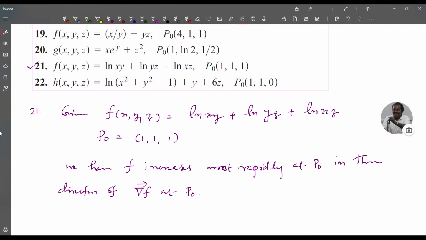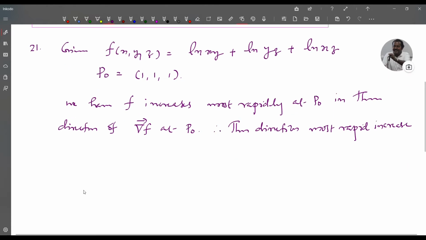Therefore, the direction of most rapid increase of f at p is u is equal to del f by modulus of del f at p naught.